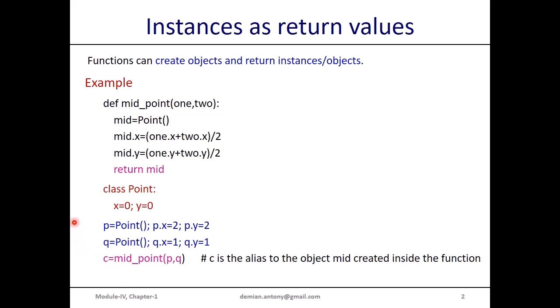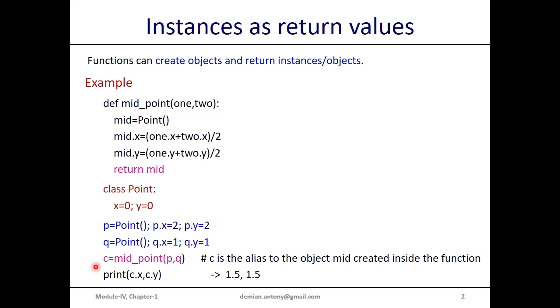So ultimately C is now an alias to this mid. The object is being created in the function, and that object is being returned with this function call, and ultimately it is assigned to C. We can see that C is now an alias to the object mid, and whatever changes you make through C will affect mid also, because both refer to the same memory location.